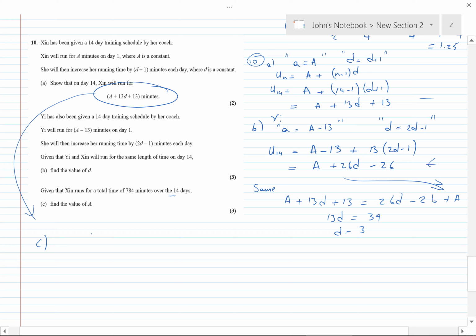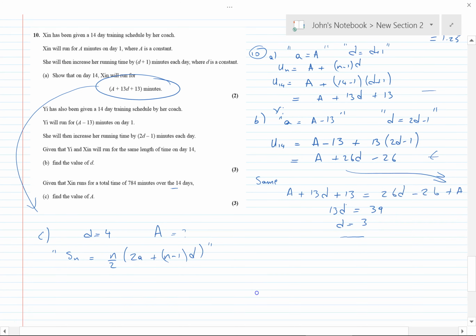Again, we're back to our original situation. So A is equal to A and the common difference is D plus 1. In this case, we know that D is 3, because we've already worked it out. So we want to work out A. So let's quote the formula. Sn is equal to, it's always a good idea to quote the formula that you're using.